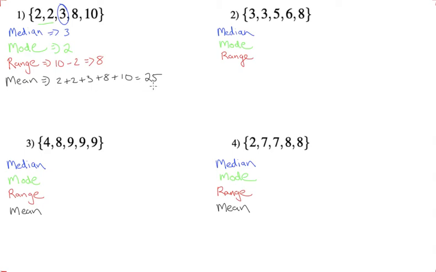So now we have 25. That is the sum of all these numbers. Now, how many numbers were there? There were 1, 2, 3, 4, 5. So we divide 25 by 5, and that will give us our mean. Our mean is 5 because 25 divided by 5 is 5.